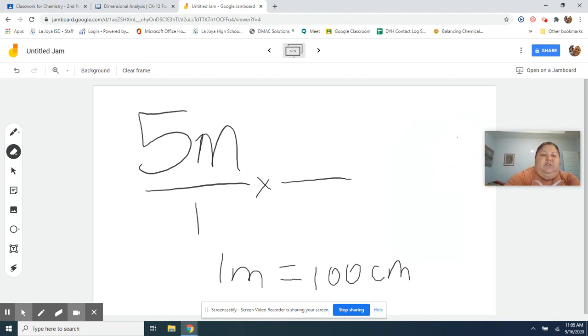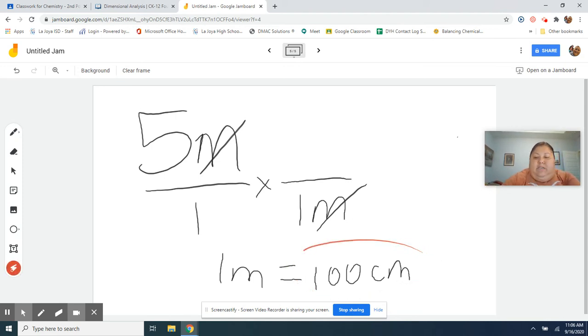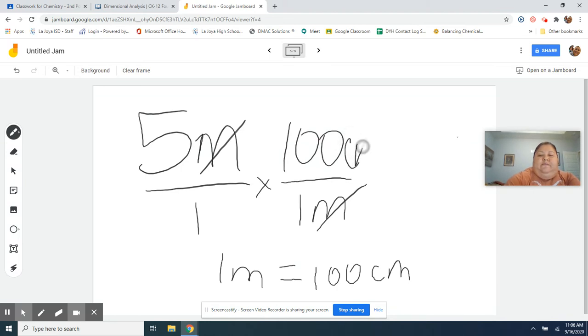So what are we going to do? We're going to put 1 meter on bottom. And the reason why I'm going to do that is because this unit will cancel with the original unit. Now that I've canceled that unit, I'm going to use the remaining information to change it to a new unit, the one that I'm asking you for, the centimeter.